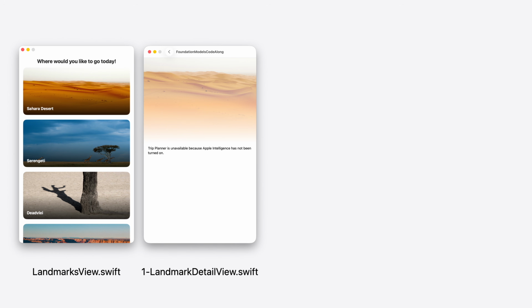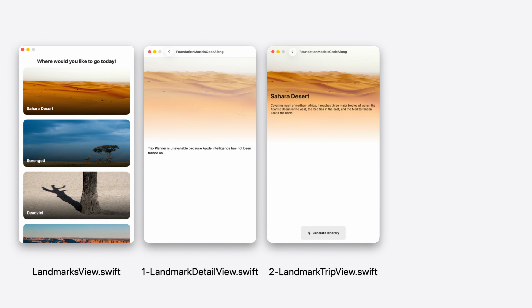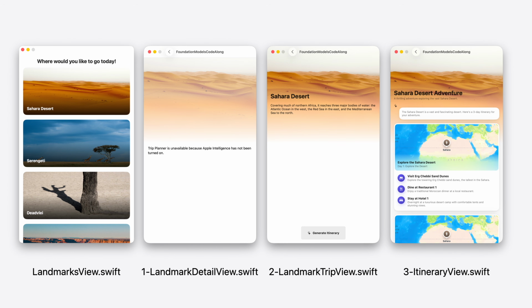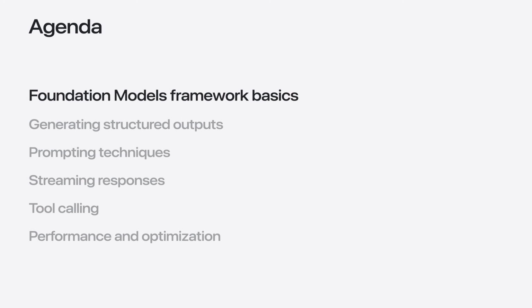Its main job is to check if the foundation models framework is available on device and decide what UI to show based on that. Next is the landmark trip view. Its role is to present the generate itinerary button, and this is also where we'll first display the raw unstructured text that we get back from the model. And finally, the itinerary view is our destination. This view renders the rich structured itinerary data we'll have towards the end of the code along.